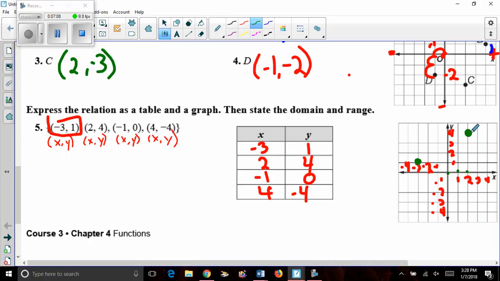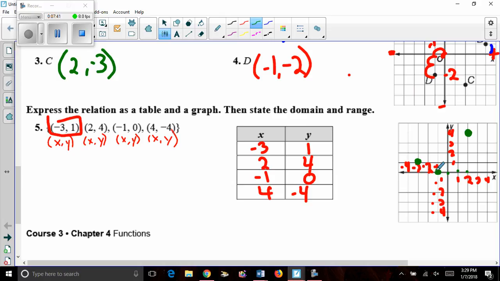Going back to the origin, I need to put -1, 0 on the graph. Well, -1 tells me to go down, and then, oh, I apologize, not down. X is my left to right. Therefore, I go to the left 1. And I actually can put a point right there because my y value is 0, meaning I am going to count 0 spaces up or down. So my point doesn't go anywhere.